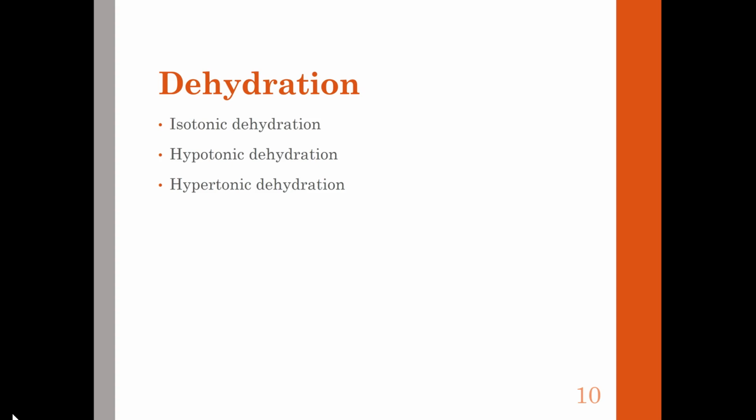And actually, somebody who's dehydrated can go through all 3, because your body shifts fluid around to try and compensate for it. And so you're actually going to go through different types of dehydration. And the way to differentiate the dehydration is solely on the sodium level.